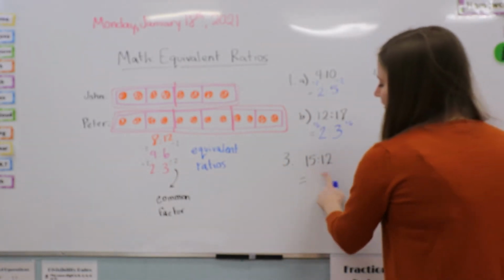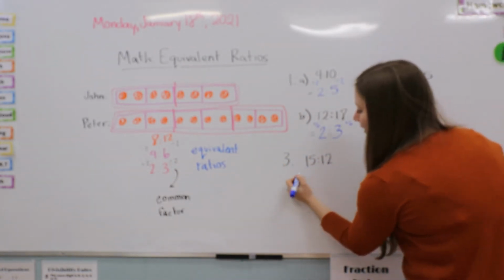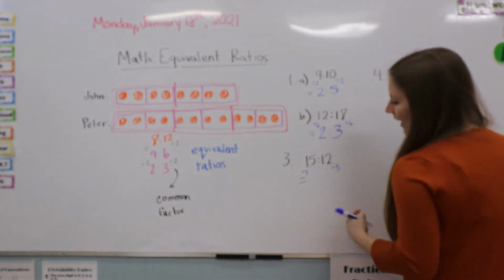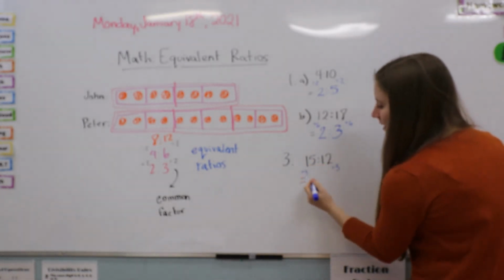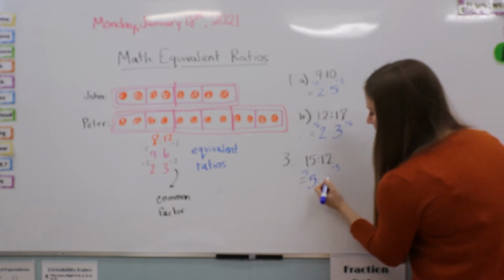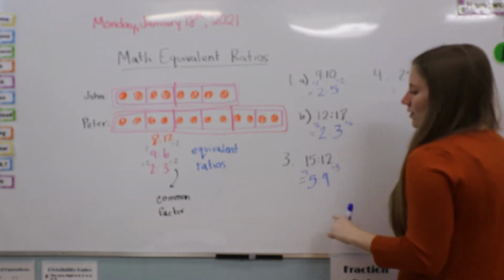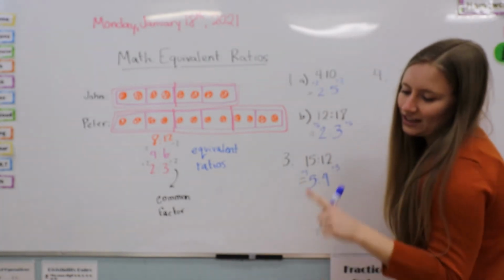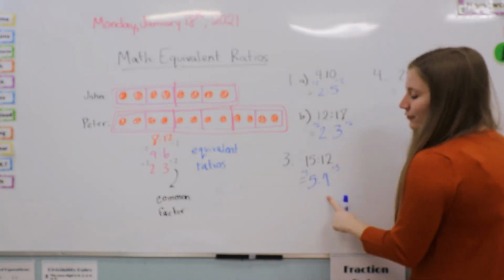I know that both 15 and 12 can be divided by 3, so I'm going to do that to both sides. 15 divided by 3 is 5, and 12 divided by 3 is 4. So the ratio of the number of ducks to the number of chickens is 5 to 4.